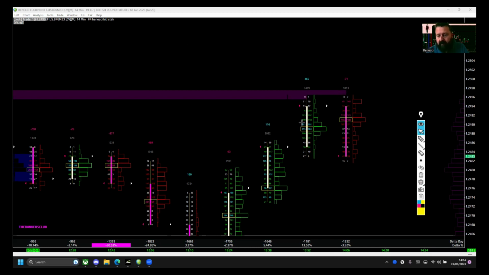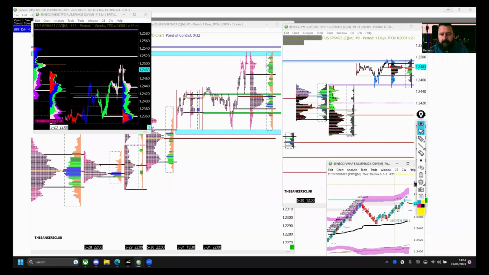But anyway, so I got long from this level here, which I was talking about, which was my previous level. I got short from it first thing this morning, if you remember, that hidden level from that split profile.